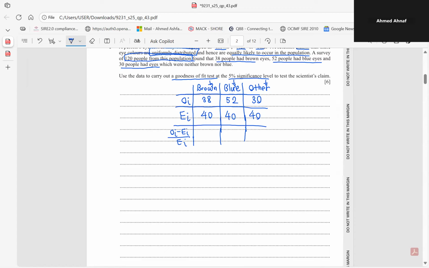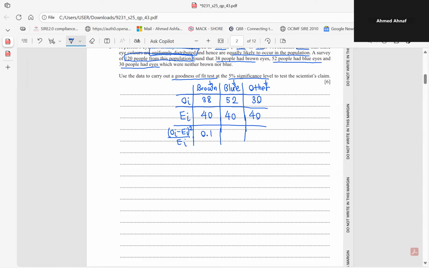Oh, sorry, I forgot you have to square this, so that we take the effect of the negative sign away, because sometimes the difference can be negative.